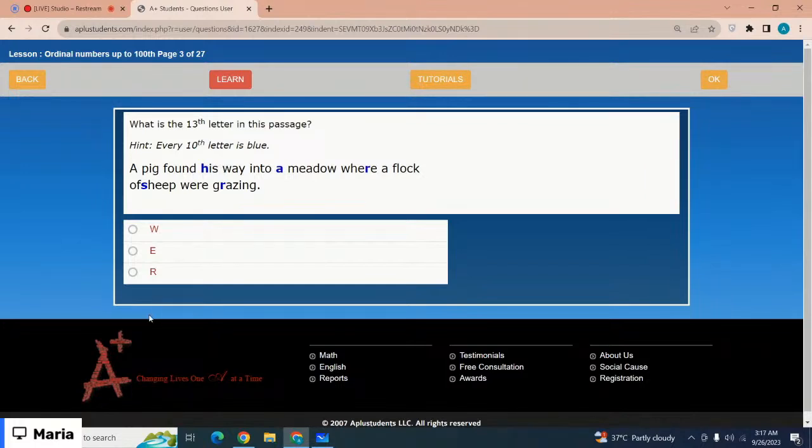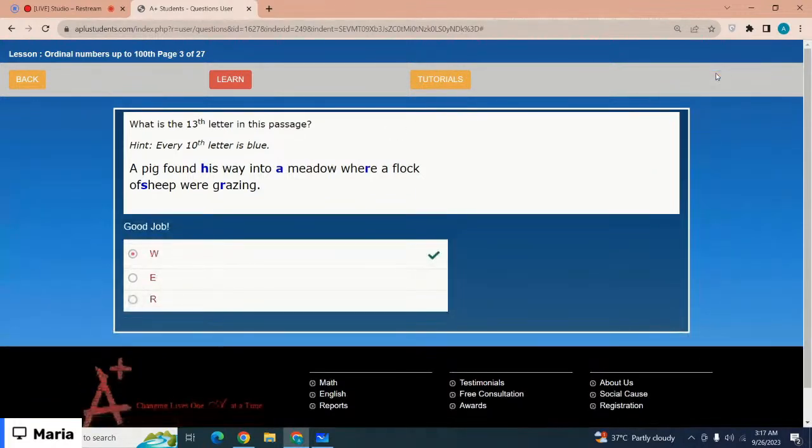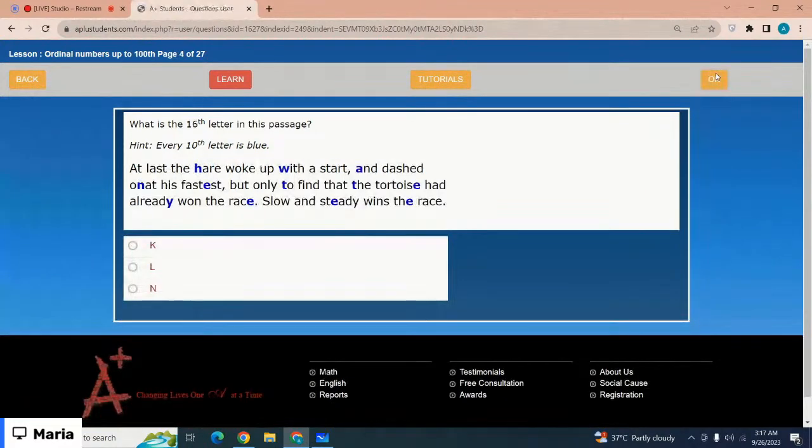So the 13th one is W. The correct option is W. What is the 16th letter in the passage? So, which is the correct option? K is the 16th letter. So, the correct option is K.